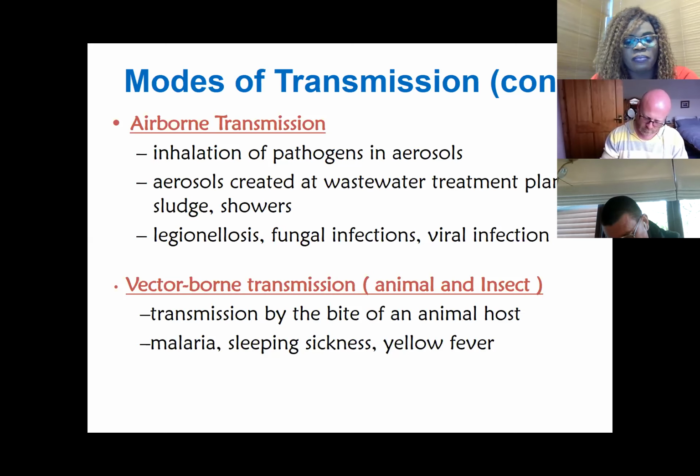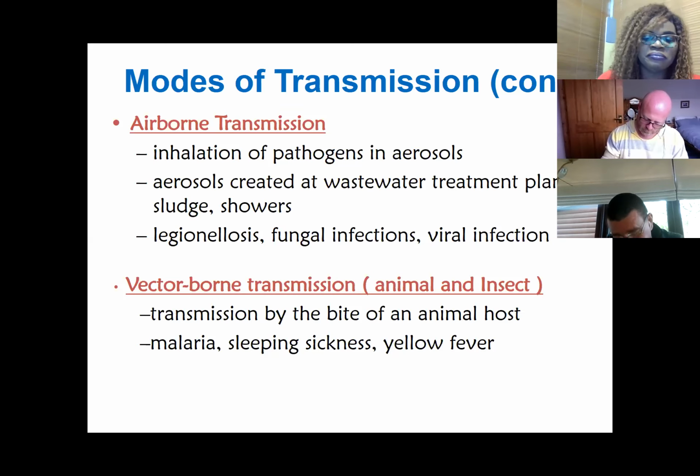So transmission by bite of an animal host: malaria, sleeping sickness, yellow fever. And the other mode of transmission, which is really not necessary for our food microbiology, is sexual transmission, or exchange of bodily fluids. Those are the modes of microbial transmission, but that is not necessary for our particular lecture.